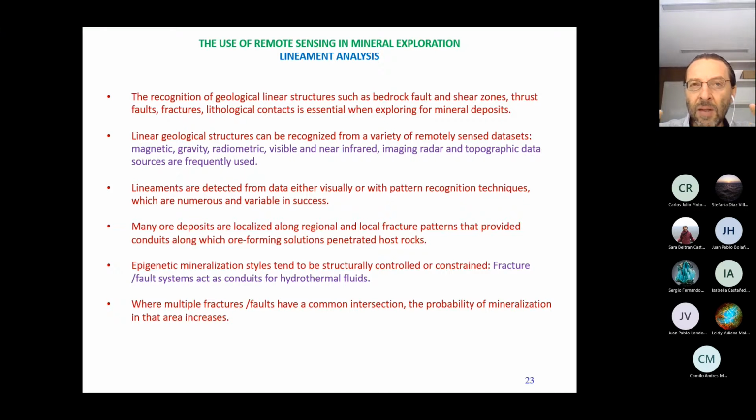So the idea is people have seen that in many instances, the deposits are at locations where you have more lineaments coming together. But again, this being nature, it is not like in engineering. Sometimes it's correct, some other times they are associated, but not necessarily where you have the highest density do you have high mineralization.